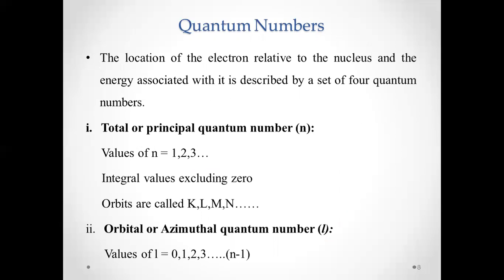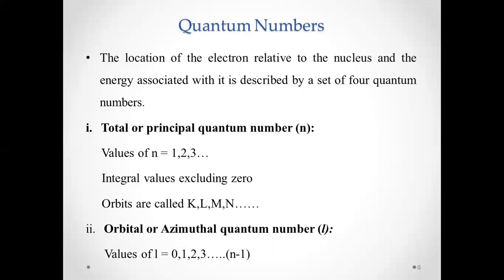Coming to the idea of different quantum numbers. The location of the electron relative to the nucleus and the energy associated with it is described by a set of 4 quantum numbers. Among them, the first one is the total or principal quantum number, n.